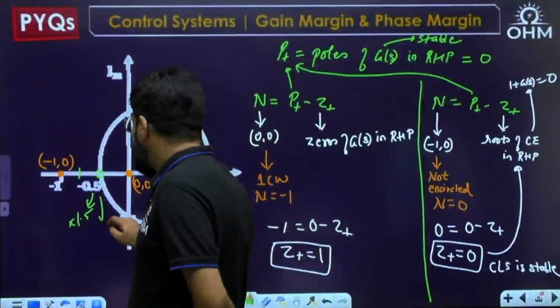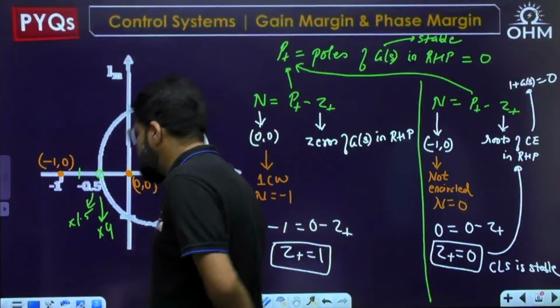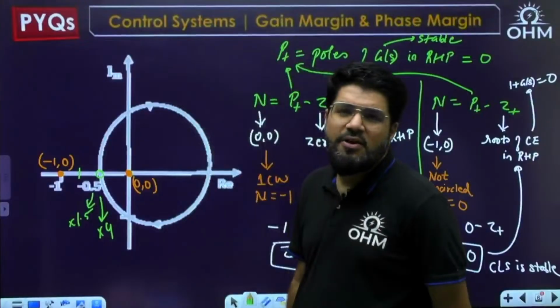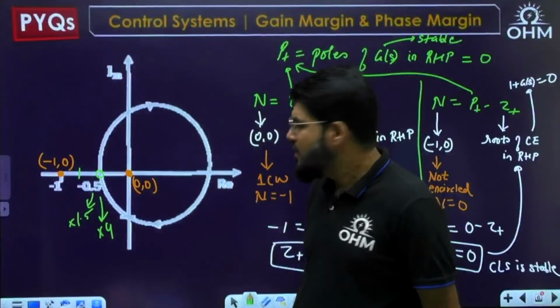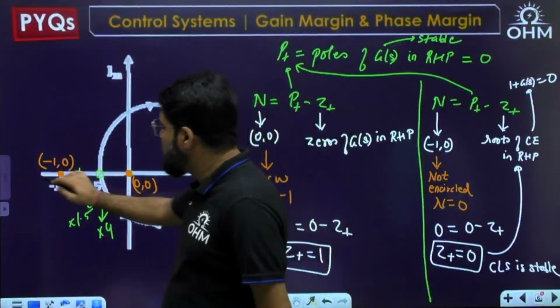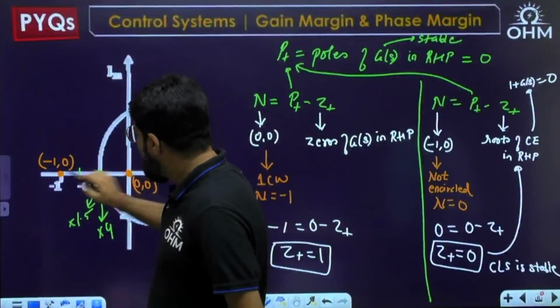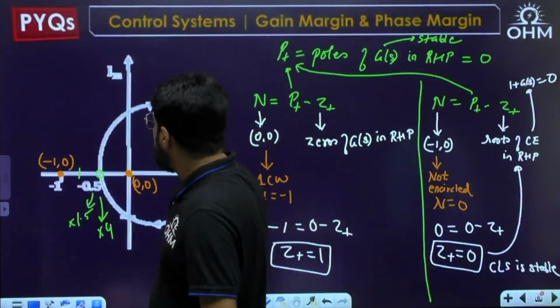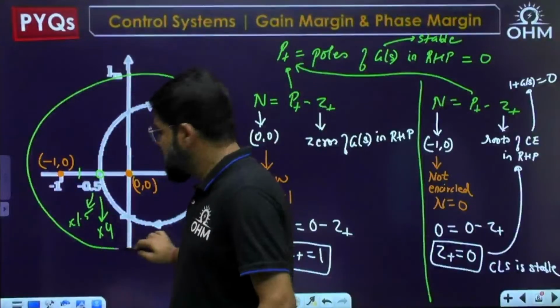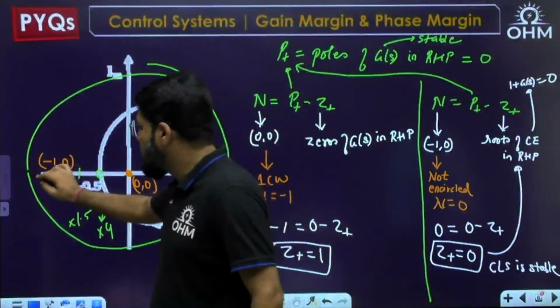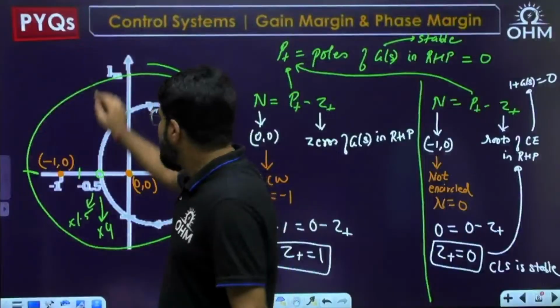But suppose I multiply the gain of the system by 4 times. Then 0.5 into 4 will be 2, so this point will go up to -2. The Nyquist plot will be enlarged, and it will cross through the point -2, direction remaining the same.